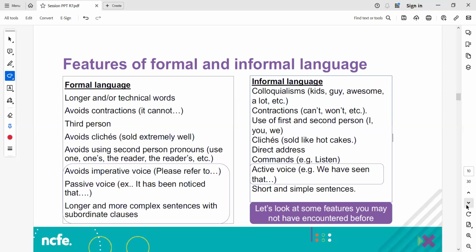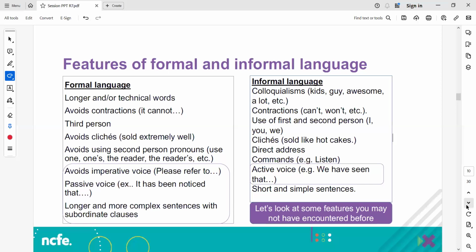So, bearing that in mind, the features of formal and informal language. For formal language, we have longer and also technical words, so more advanced vocabulary. We don't see contractions, or rarely, so "cannot" rather than "can't".